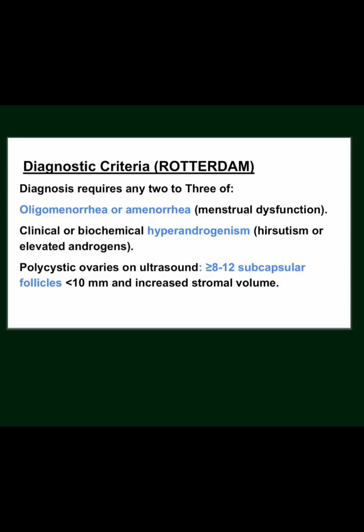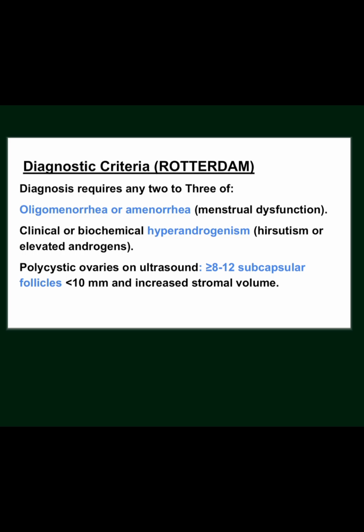The diagnostic criteria for polycystic ovarian syndrome is the Rotterdam criteria, where we have to have at least two of three features.